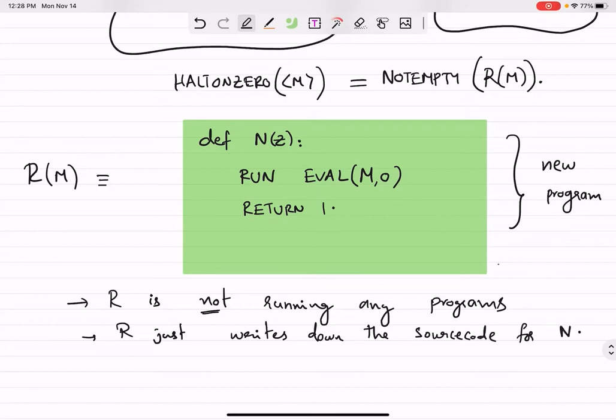Okay, so this is the program N. Now we have the reduction, it is efficient, it is computable, because all we are doing is adding a couple of lines: run eval, eval is computable, and then a return statement. That's the only thing that we're doing.